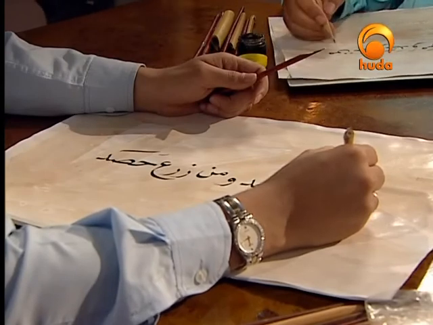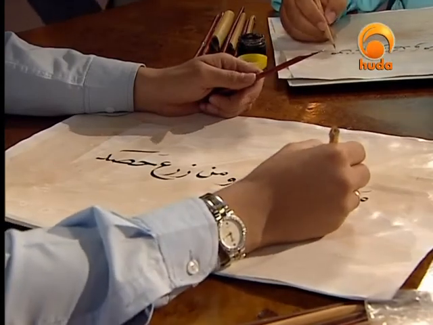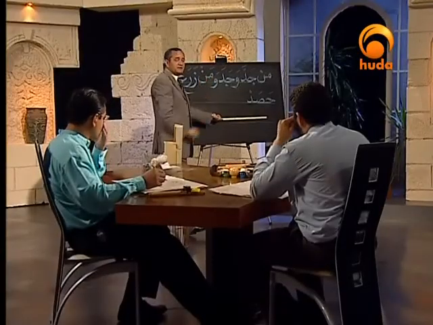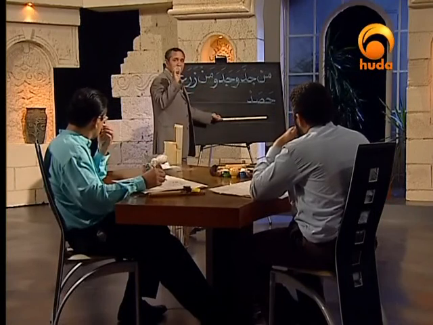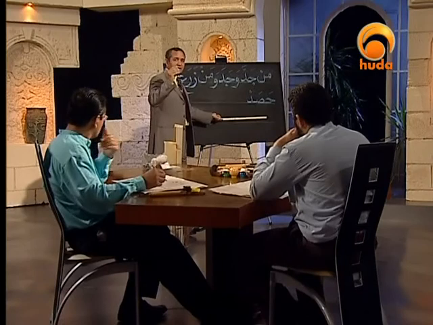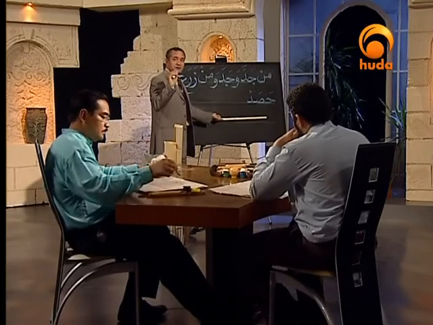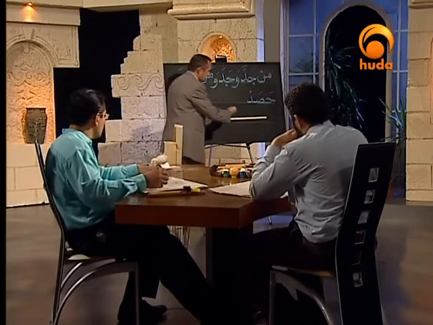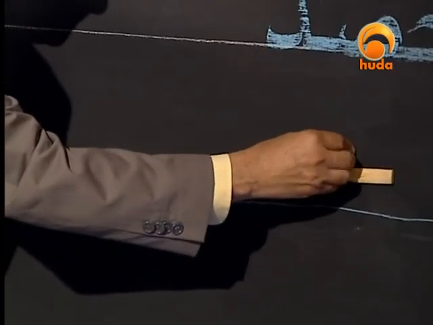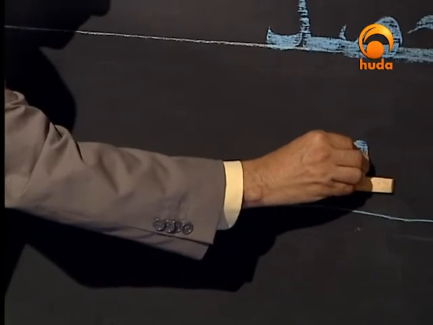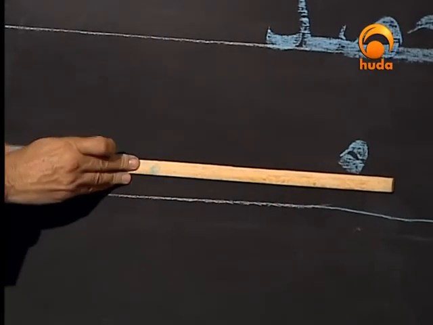So how, if we start writing the same, Man jadda wajad wa man zara hasad, by a normal pen, no need to use the instrument of calligraphy or the special pen of calligraphy. So let's start. Meme will be like this. This is meme.